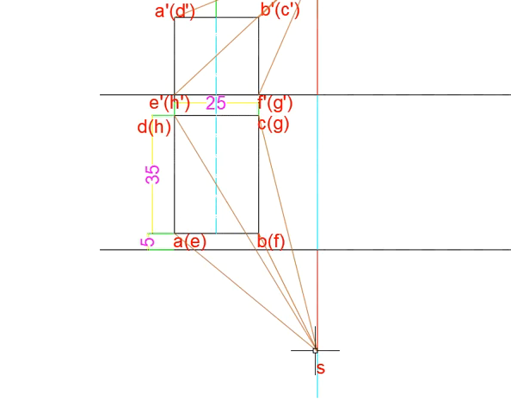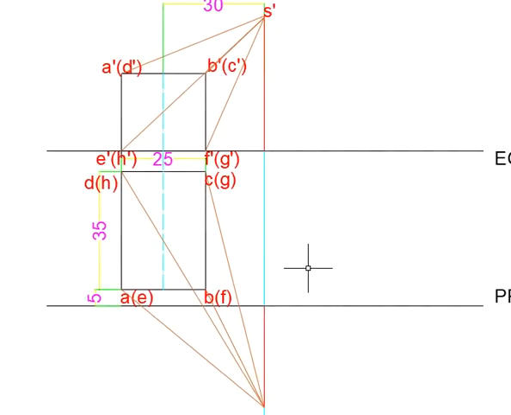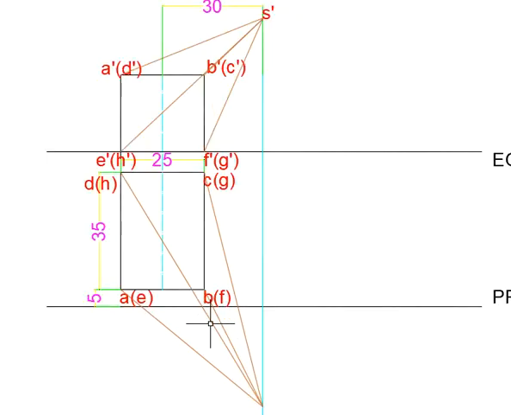We are drawing visual rays in both the front view and the top view like this. After this, you have to find the intersection points of the visual rays in top view. See, the top view visual rays are intersecting somewhere on the picture plane. From there you have to draw the projection lines. You can draw the projection lines like this to get the perspective points.